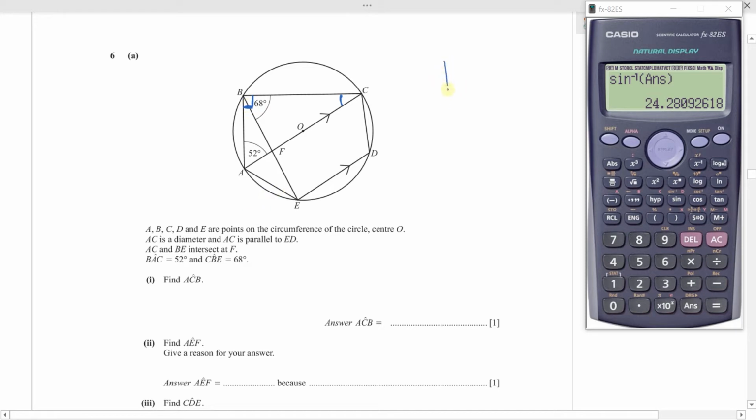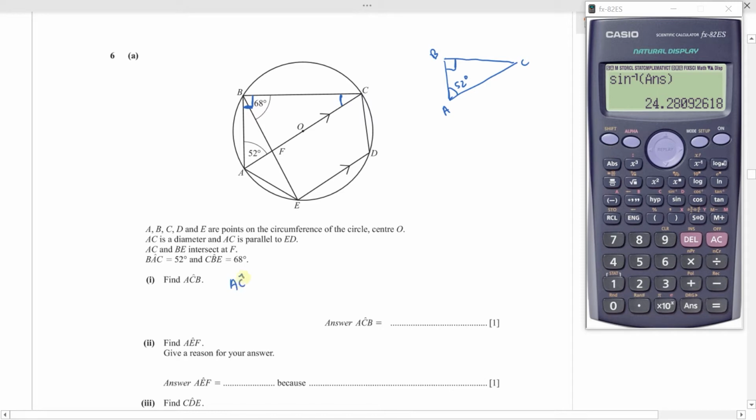So if I look at this triangle ABC here, ABC, this angle is 90. And then this angle is 52. And this is the angle that we need to find, angle ACB.